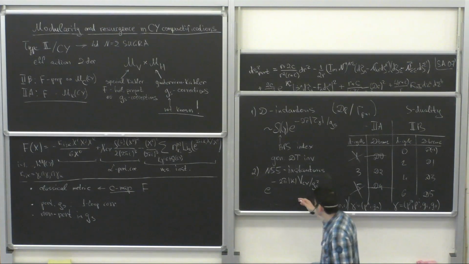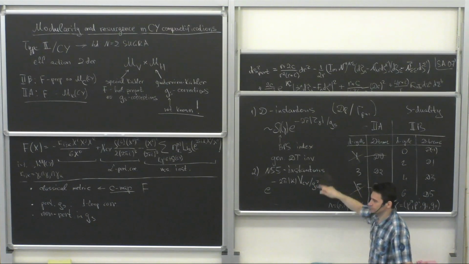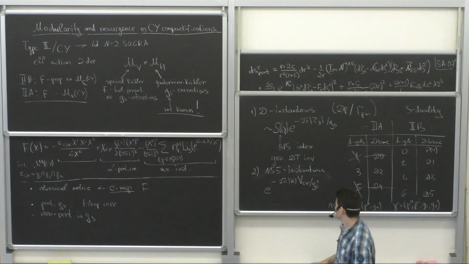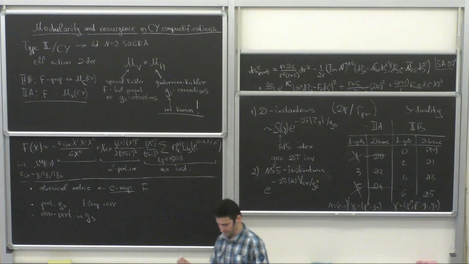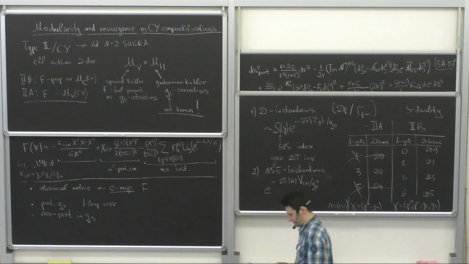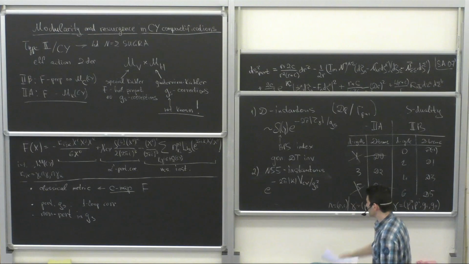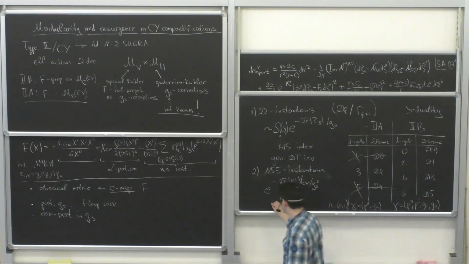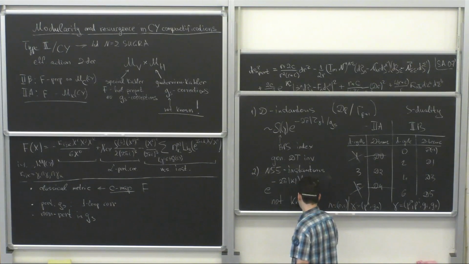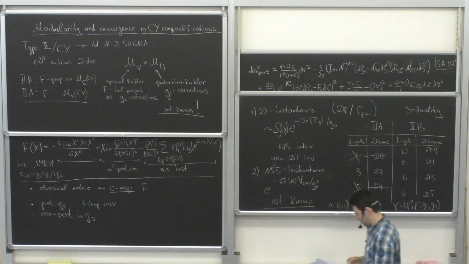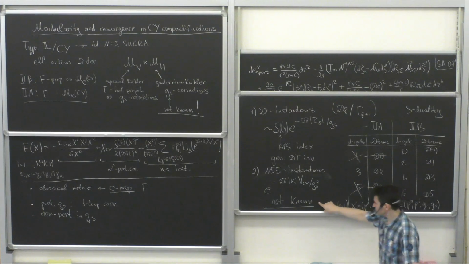Whereas, at least I don't know anything similar to NS5 brane instantons. So for me, it's a pure stringy effect, and this is why it's much more complicated. And it is these guys which we do not know. Well, we know something about them, which I will tell you. But it is these guys which are not known.